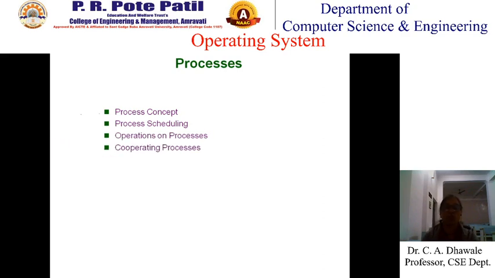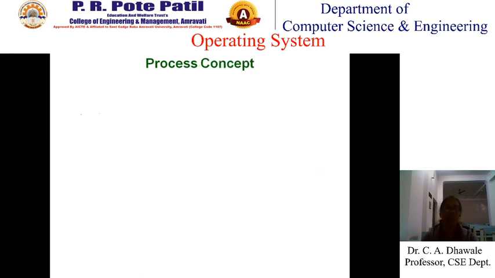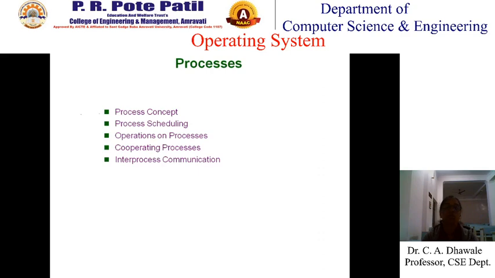Then when two or more processes want to share information, they must have cooperation in between, that is called a cooperating process. Then there must be some type of communication between them. We call it inter-process communication. So we'll look at these points in this lecture as time permits.